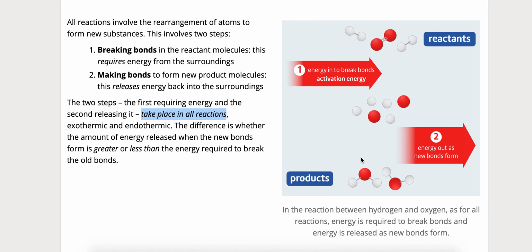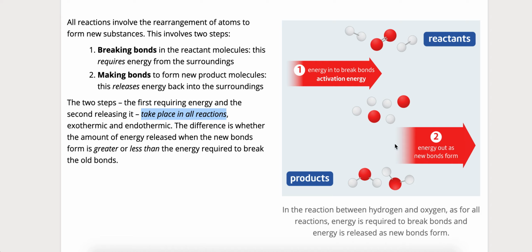So if we look at this diagram on the right here, what we can see is that there is a reaction between hydrogen and oxygen. So with our reactants, your starting materials, up the top, when their bonds break, we lose these connecting components. So all of these atoms are now separated.